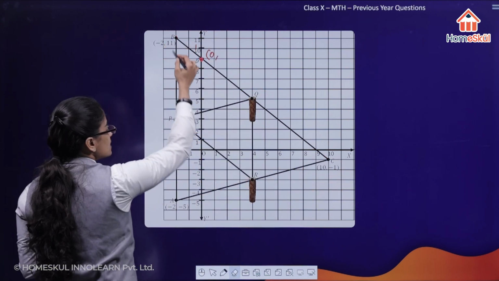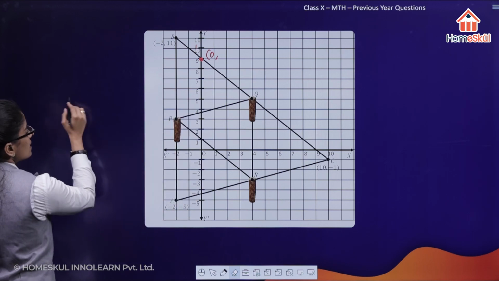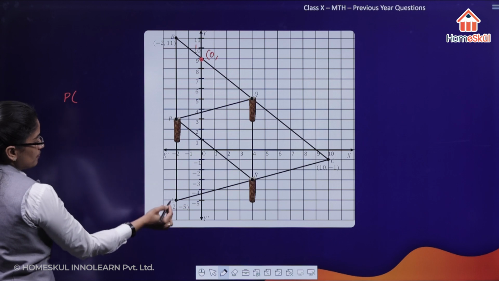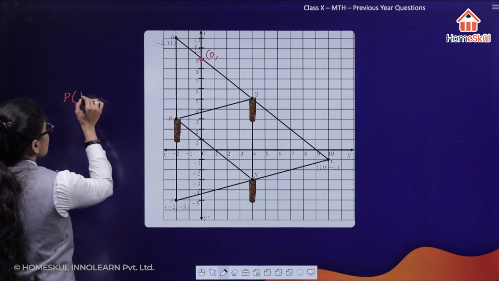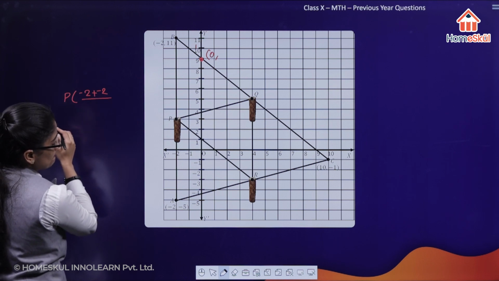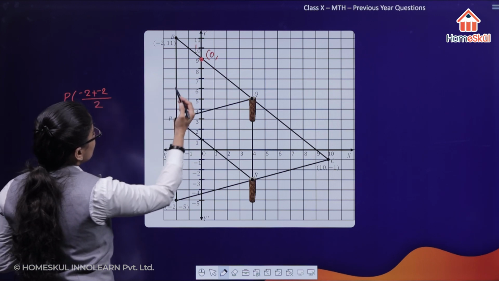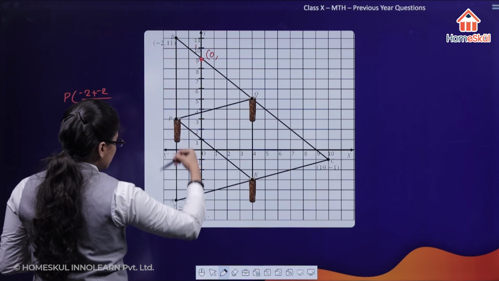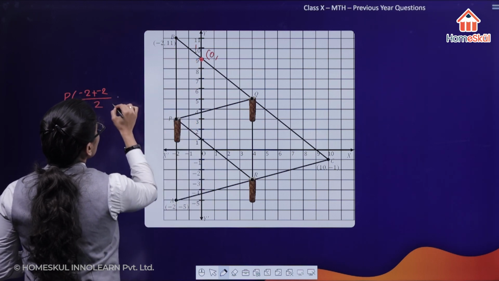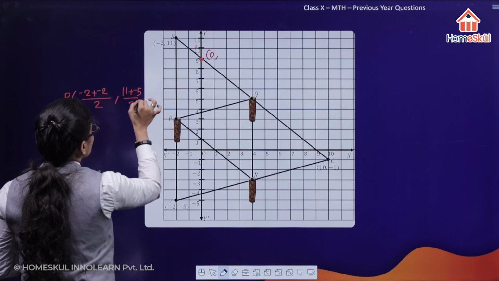P is the midpoint of AB, right? That means the coordinates of P will be (-2 + -2)/2 and (11 + -5)/2.